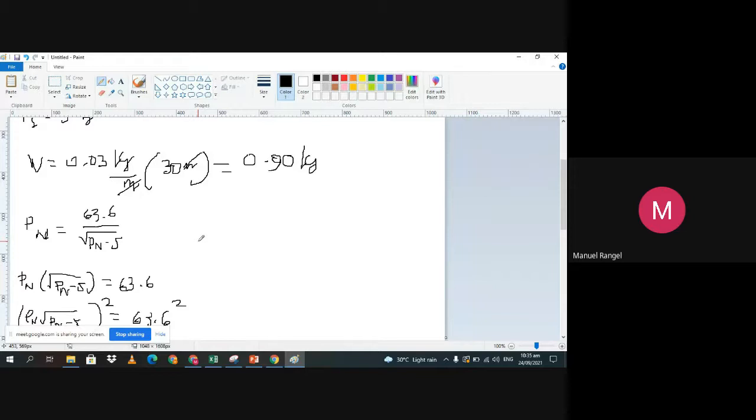So, let's try 17.8. So, 63.6 divided by the square root of 17.8 plus 5.